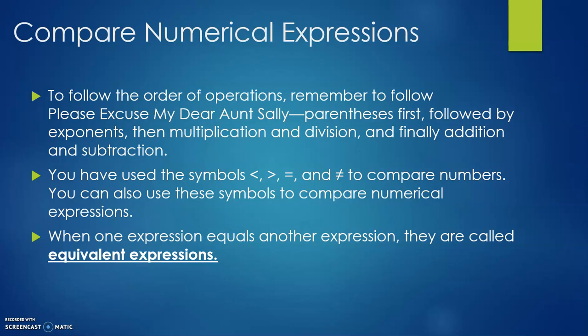Also, you have used symbols like this before: less than, greater than, equal, and not equal, and you've used those to compare numbers. We can also use the same symbols to compare our expressions, so we're going to do that in just a second. And this is an important phrase to know. When one expression equals another, they're called equivalent expressions.